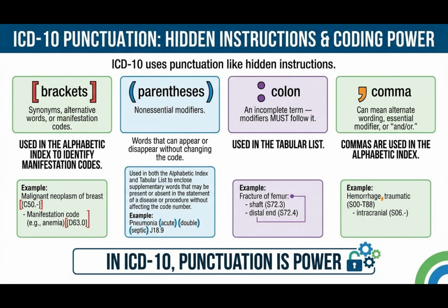They are used in both the alphabetic index and tabular list to enclose supplementary words that may be present or absent in the statement of a disease or procedure without affecting the code number to which it is assigned. Colons: an incomplete term. Modifiers must follow it. They are used in the tabular list. Commas can mean alternate wording, essential modifier, or and/or. Commas are used in the alphabetic index. In ICD-10, punctuation is power.